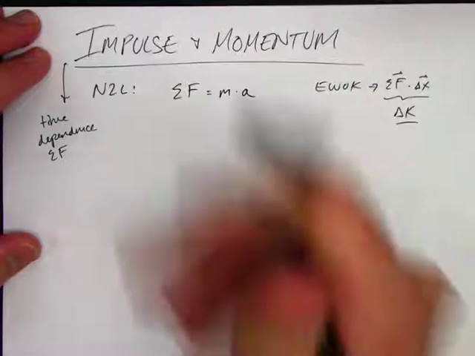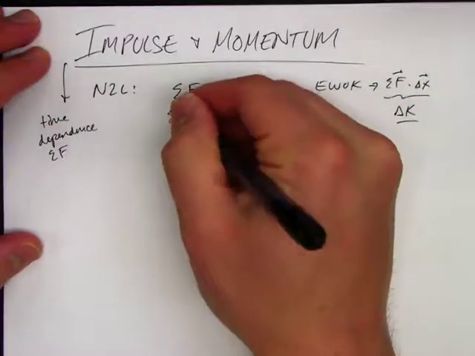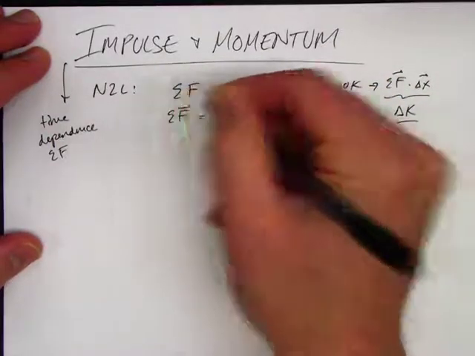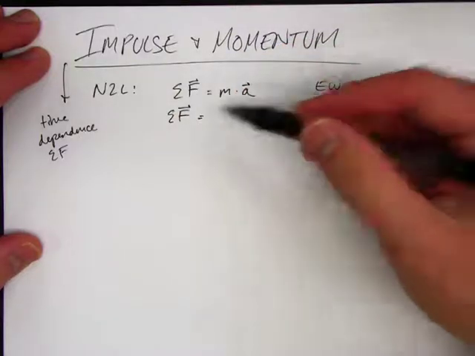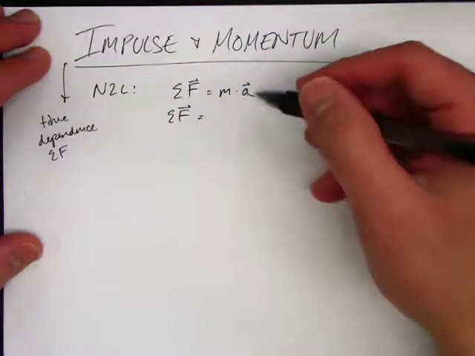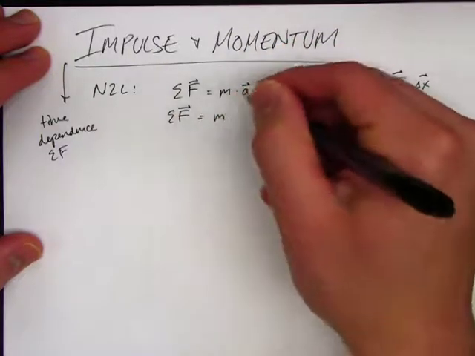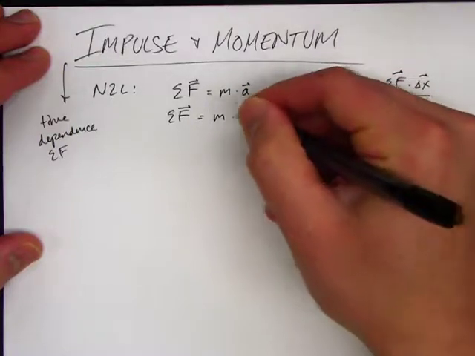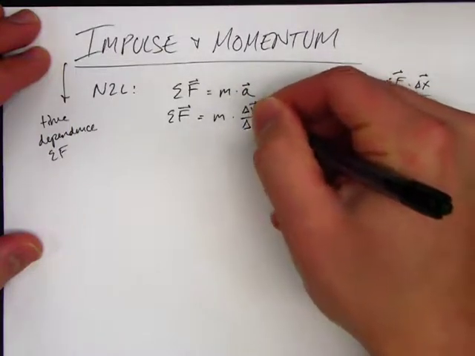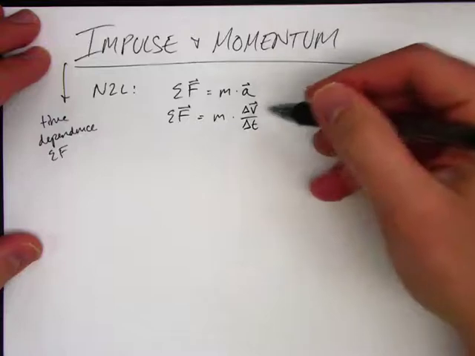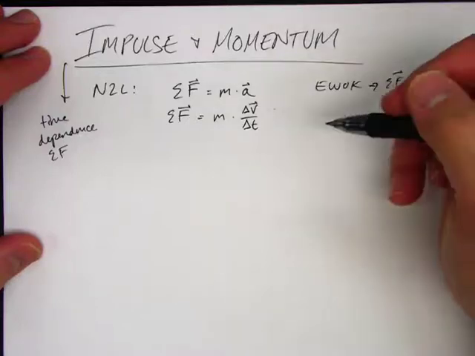Because momentum is a vector quantity, I'm going to put vector arrows in here to designate the vector quantities. We can describe an acceleration as a change in velocity of an object over a period of time, where velocity is the vector quantity and time is a scalar.